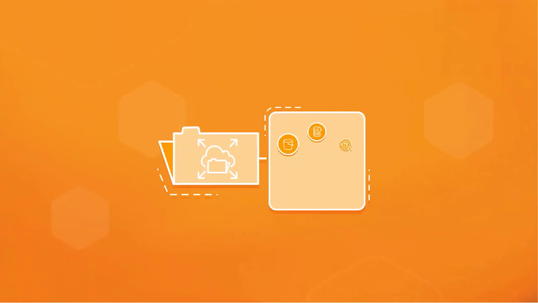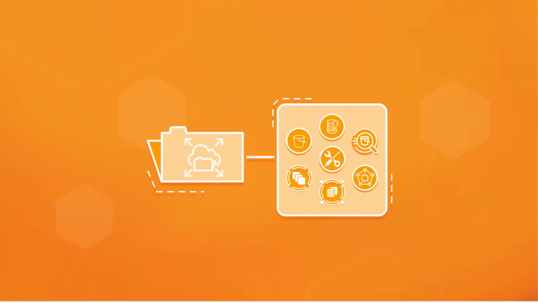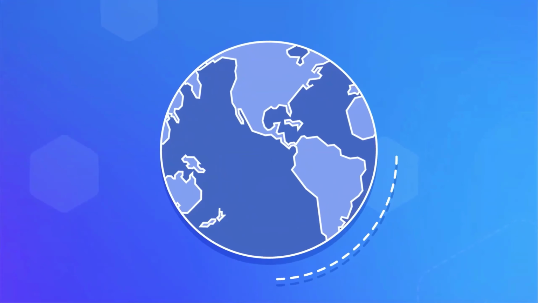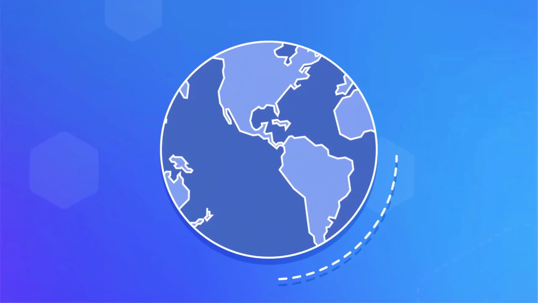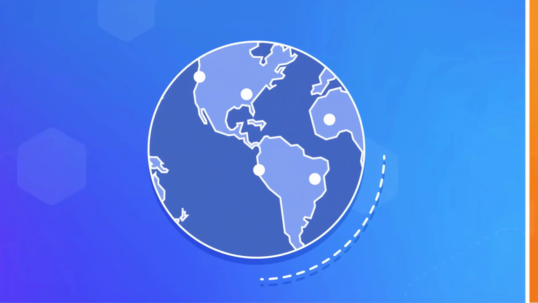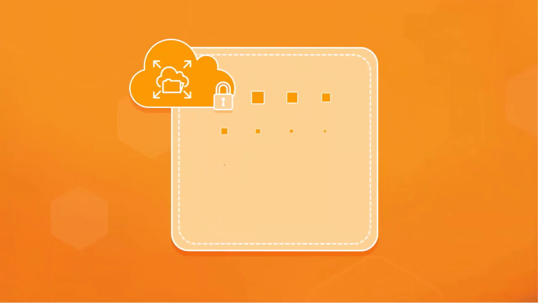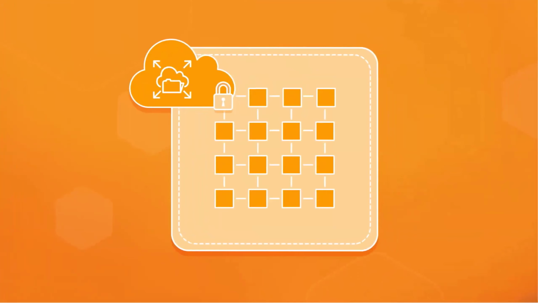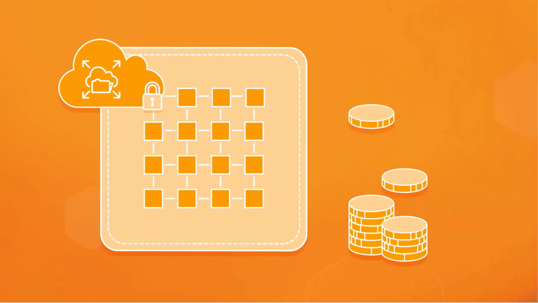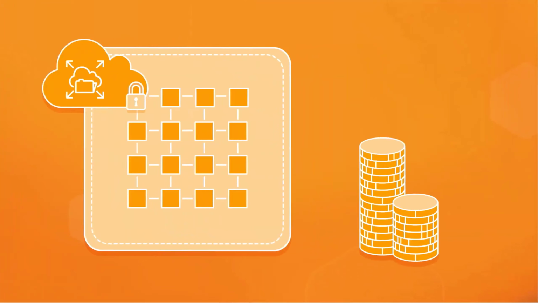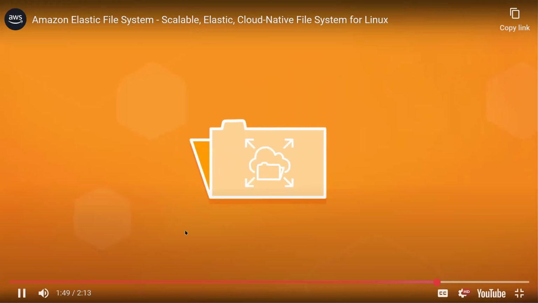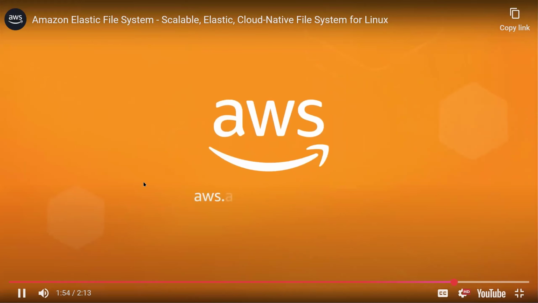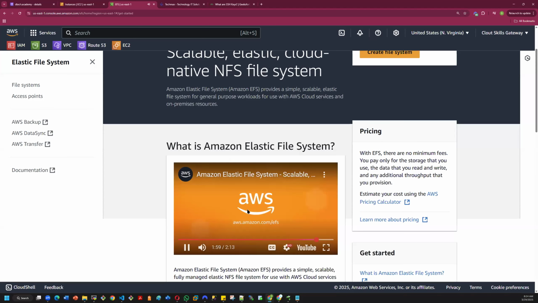Amazon EFS works with the tools and applications you already use. It is designed for high availability and durability, storing your data redundantly across multiple availability zones. With EFS, you always have the capacity you need, when you need it, without having to provision storage in advance. Pay for only what you use with no minimum fees or setup costs. It eliminates storage administration tasks, so you can focus on more crucial business. To get started, visit aws.amazon.com/EFS and create your first file system.